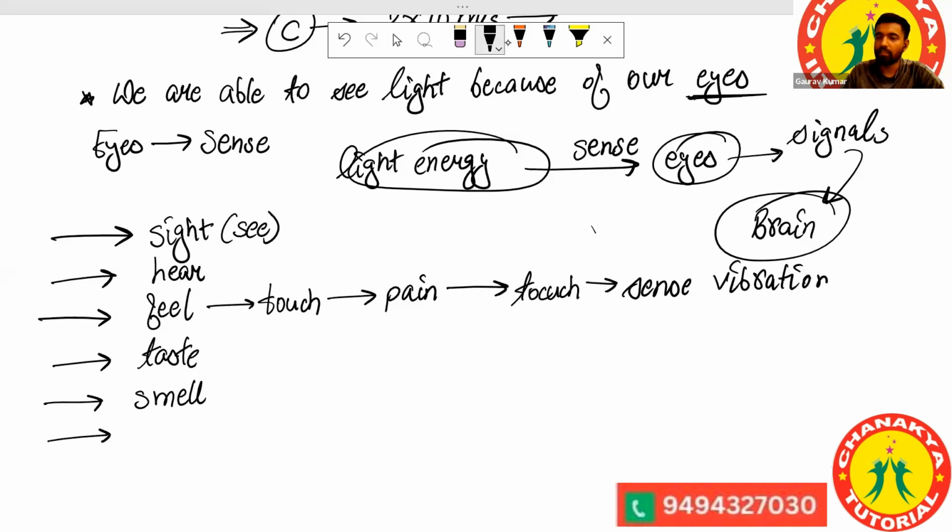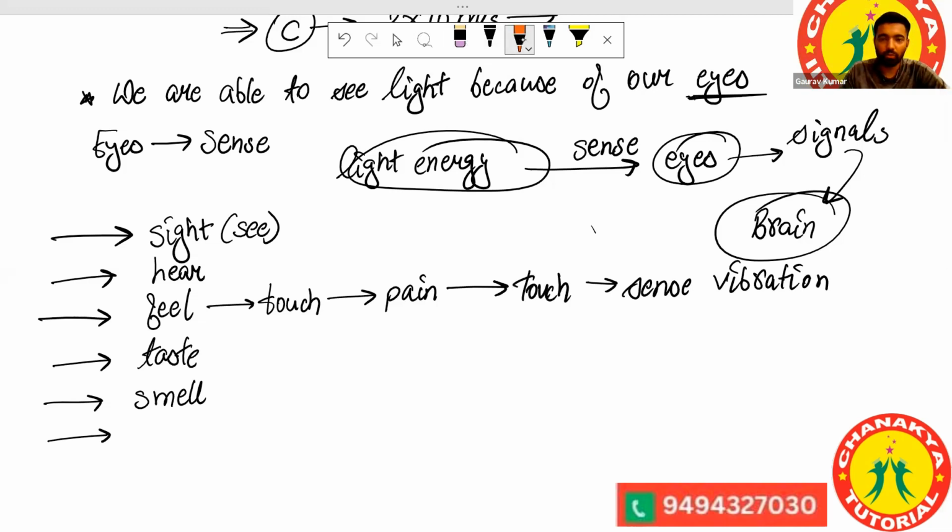In the sound chapter we have seen that with the help of vibrations there is sound. And if we touch the source of vibration, we can sense there are vibrations.